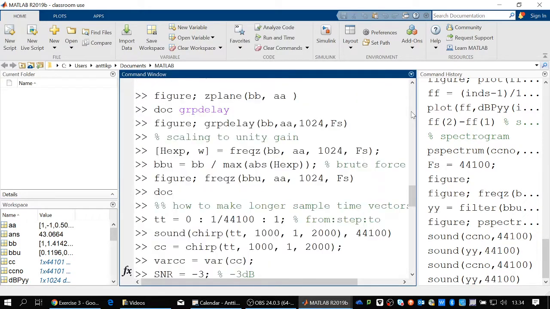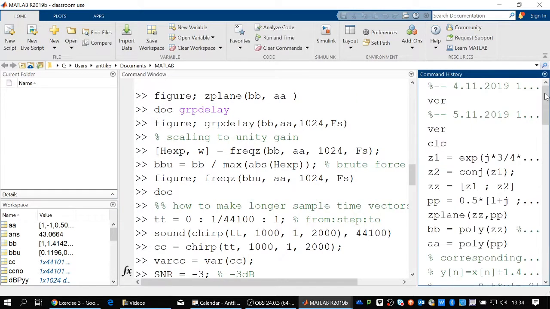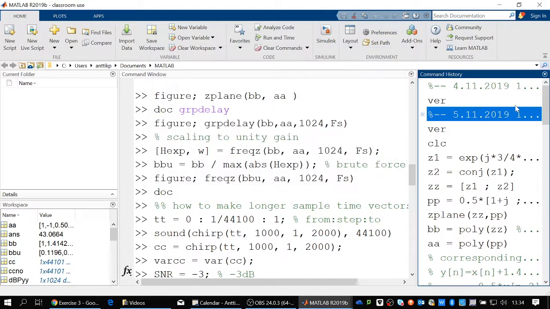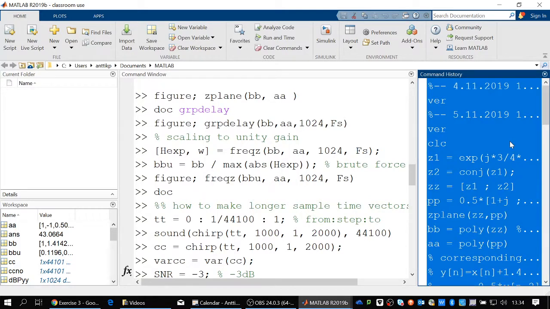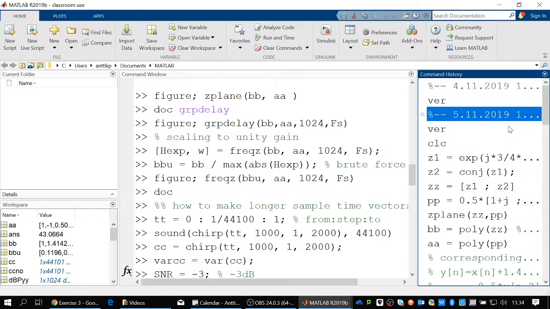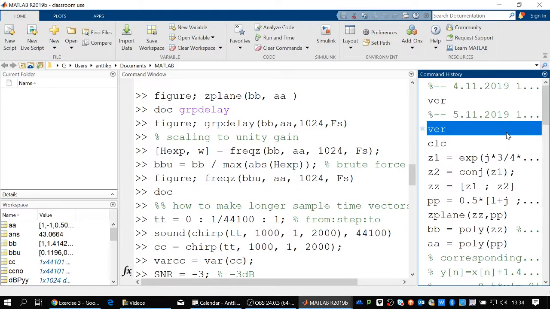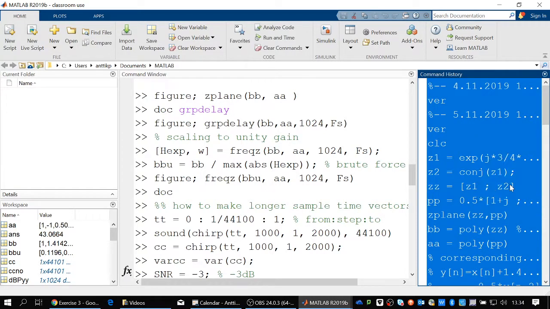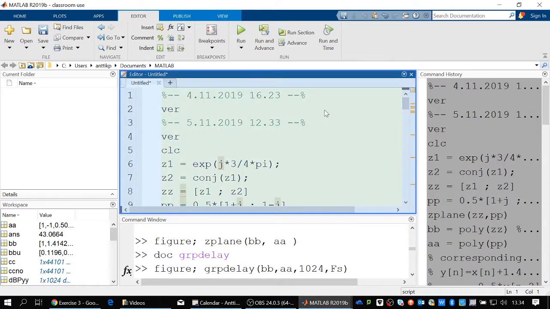Let me go to the, cancel. Let me make Control A and then create a script so that I can show you something.